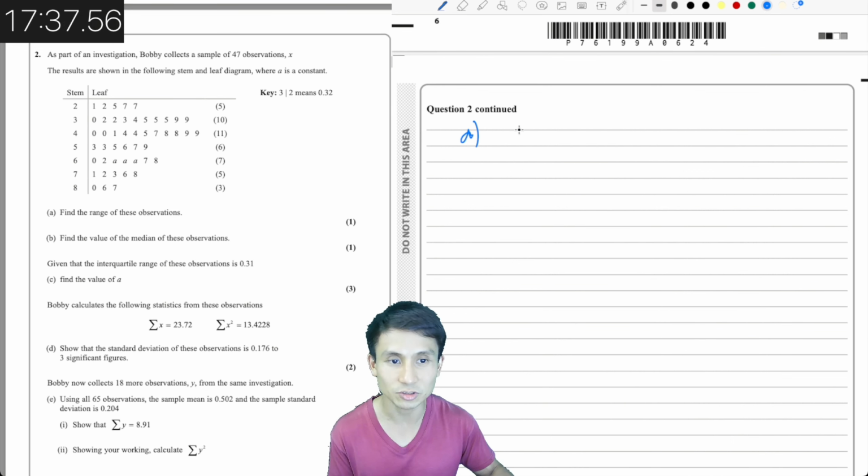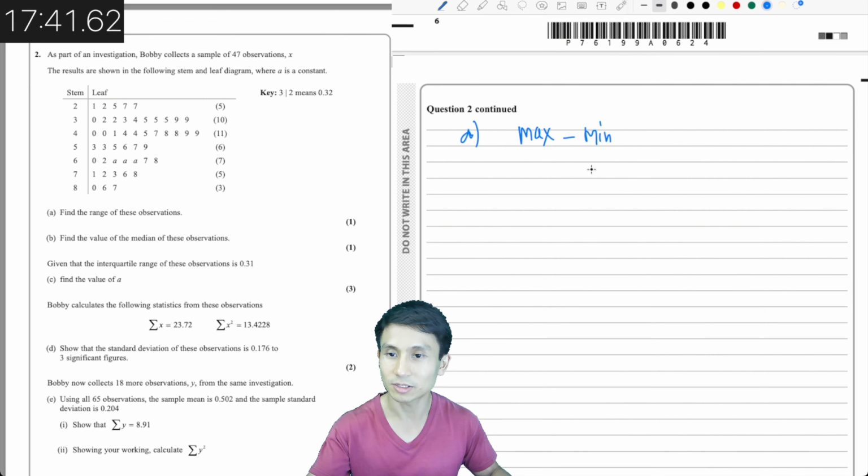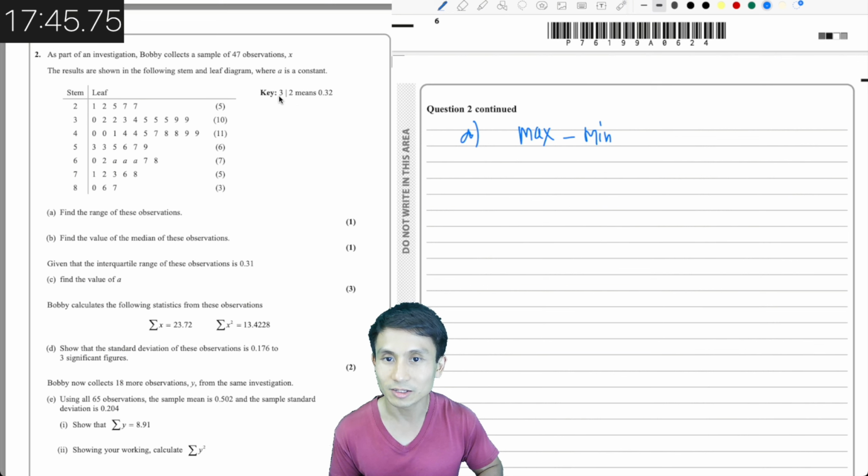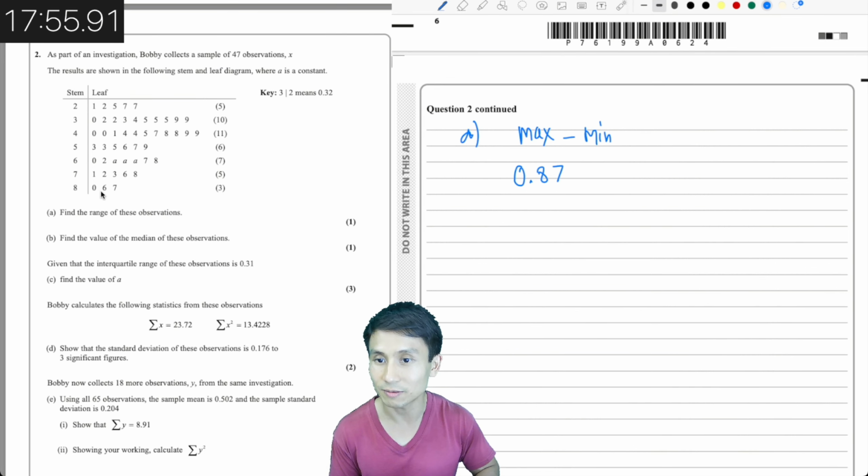The range is just maximum minus minimum, right? So the maximum, we have to look at the key there. 3/2 means 0.32. So the maximum is 0.87 down here.